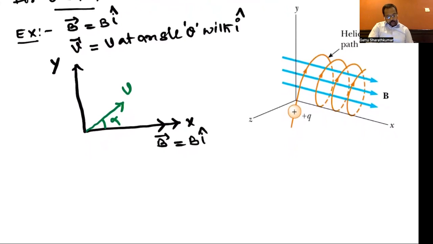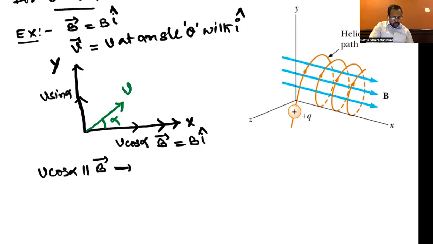In this case, your velocity can be resolved into two components. In this direction, V cos alpha. In this direction, V sin alpha. Now, V cos alpha is parallel to B bar, so no force because of this.